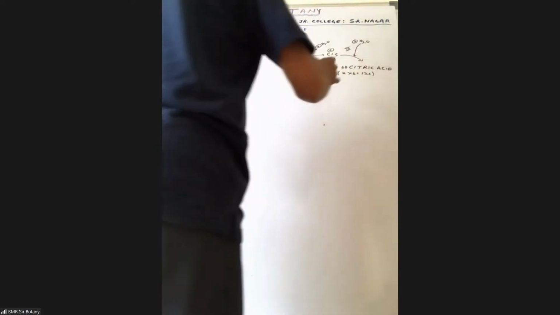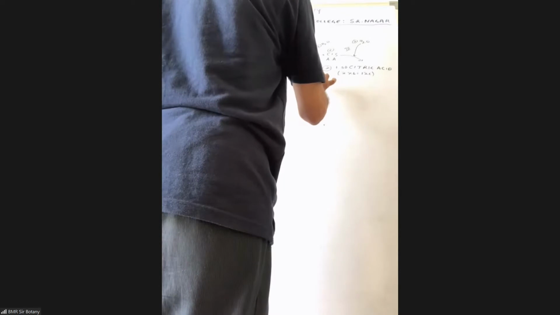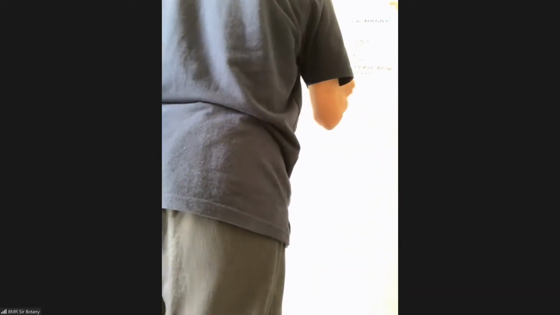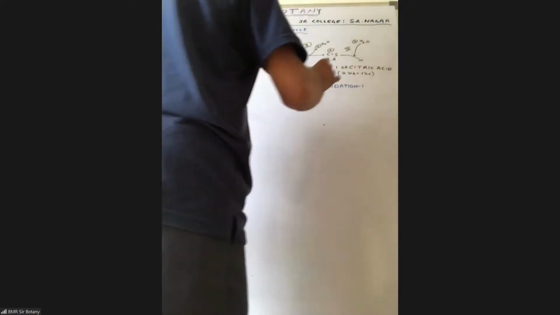So reaction number 4 onwards, every alternate is going to be oxidation. 4th, 6th, 8th, 10th going to be oxidations. So this we take as oxidation 1. During that time, isocitric acid, 2 molecules, are oxidized into 2 molecules of oxalosuccinic acid.